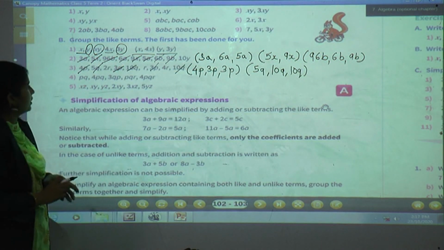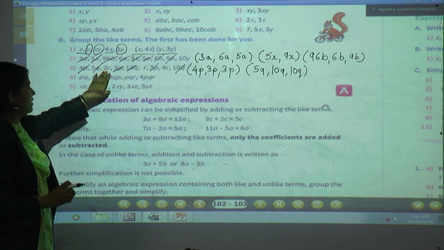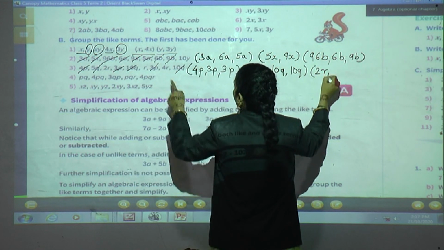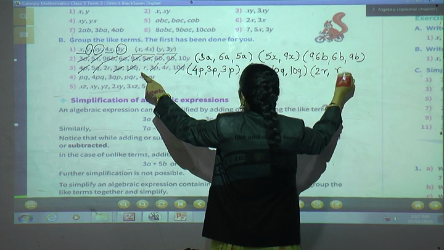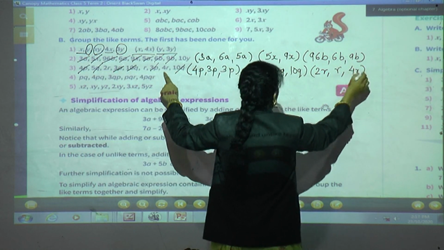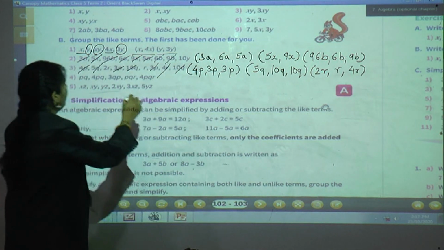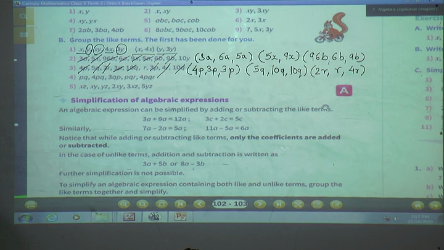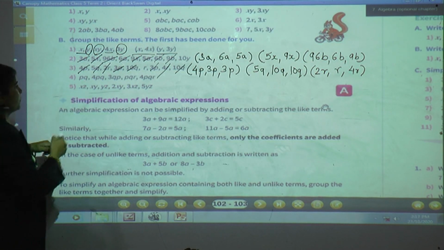Now what is remaining? What are the terms? r, 2r, here r and 4r. So in this way we can group the like terms.